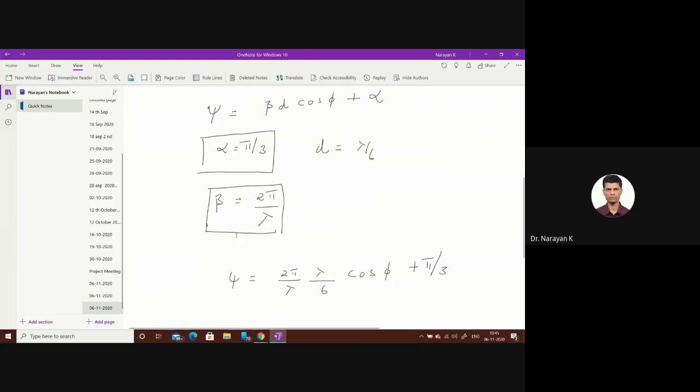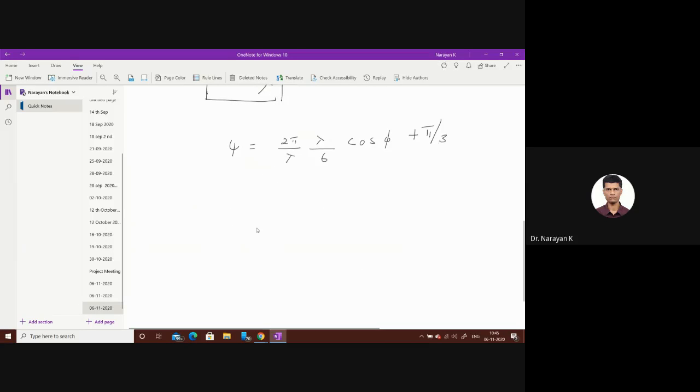Do you agree with this? Yes, sir. Lambda will get cancelled. So I can write psi is equal to pi by 3 times cos phi plus 1. Agreed?